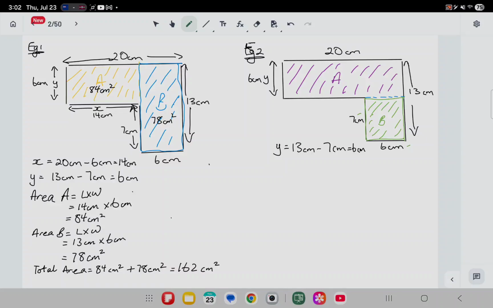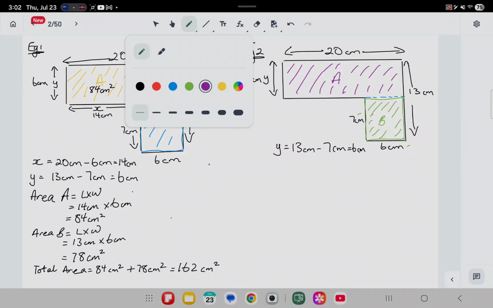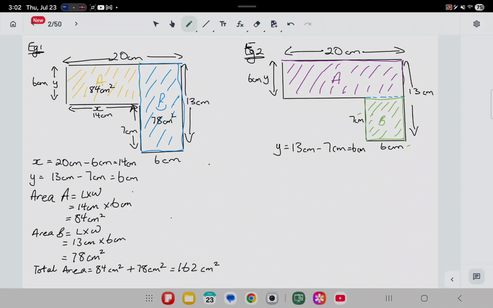Now looking at this, we have the length of A, which is 20, and now we've just found out the width of A, which is 6, because remember, shape A is only this here. We're thinking about it as though we take our scissors and cut out the shaping parts. So we know this is a rectangle here.